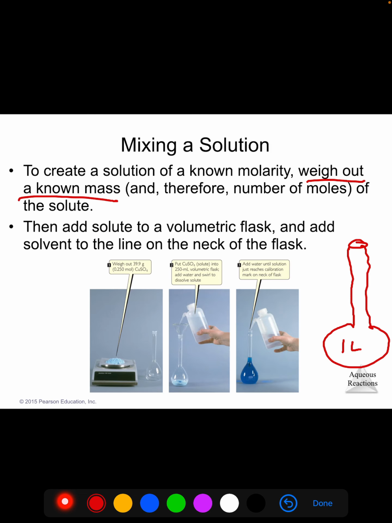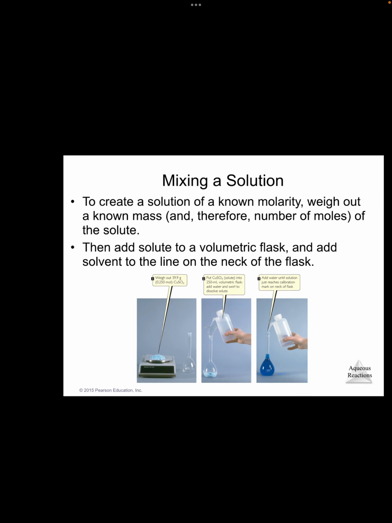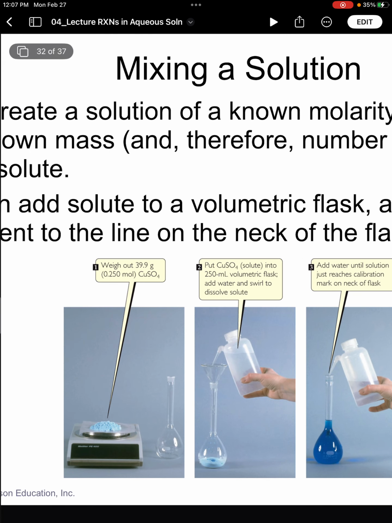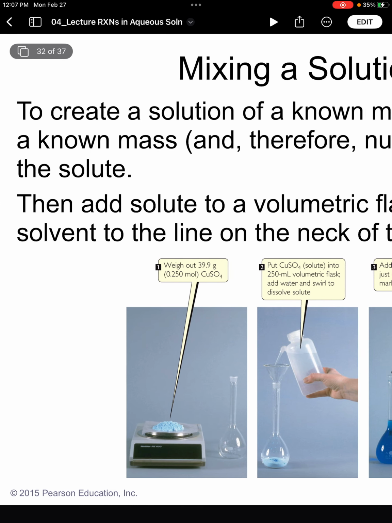Now look at this example. I'm going to enlarge it. Oops. I'm going to enlarge it. And if I weigh out 1/4 of a mole of copper sulfate, about 40 grams, its molar mass is about 160 or 159.6. But if I weigh out 39.9 grams of copper sulfate, that is 1/4 of a mole.